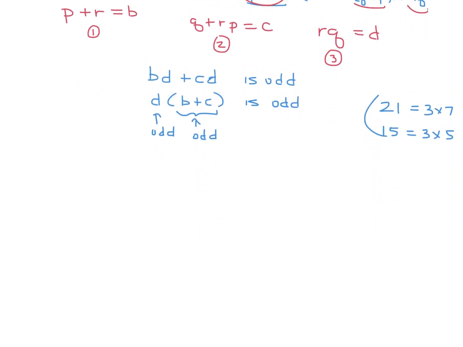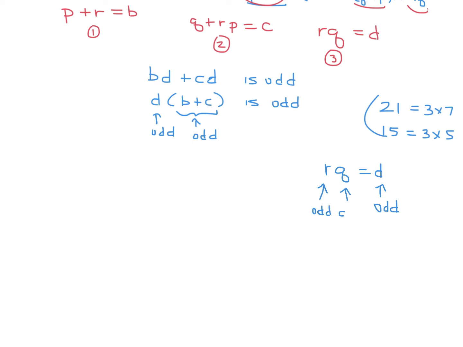And then now what we will do is we will look at these three equations and kind of work with that. So let's look at this one here. RQ is equal to D. D, we have just concluded, is odd. So that means R times Q is also odd. But I conclude that both of these are odd individually.